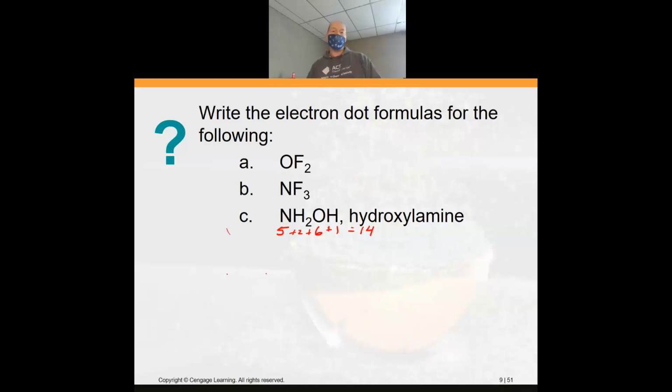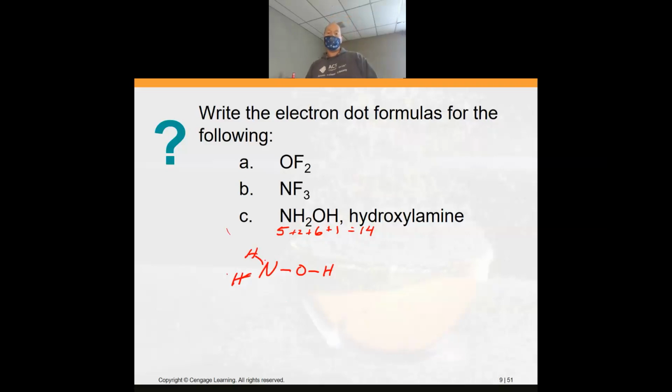When they write it this way, the skeletal structure is N bonded to an H, bonded to an H, bonded to an O, but this O is the one that's bonded to the H. It's not written as NH3O; that would be something different. When they write it as NH2OH, that means that the NH2 is together, the OH is together, and that O is bonded to the N.